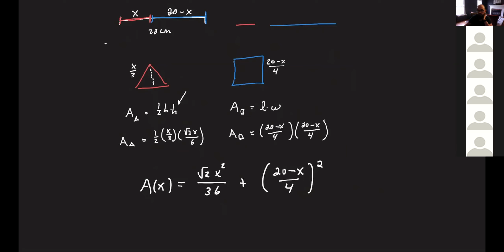It has to be positive. So x has to be some sort of positive number. Yeah, it certainly has to be positive, but there's more to it than that, right?